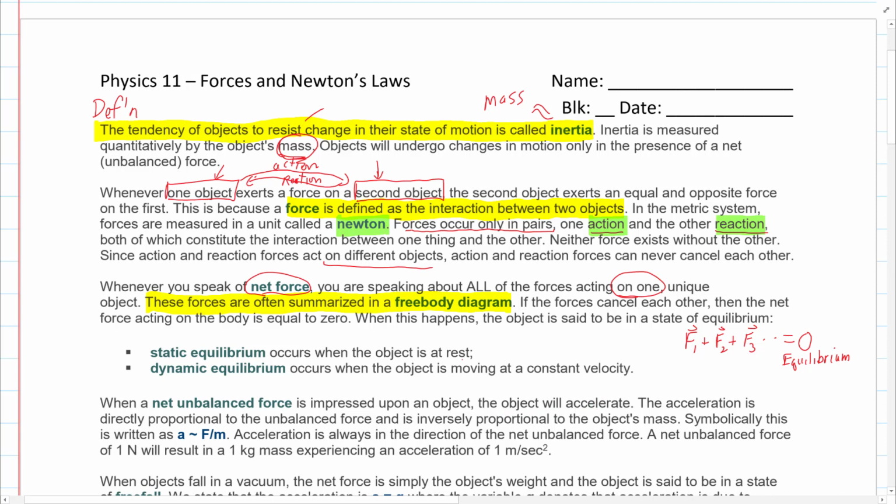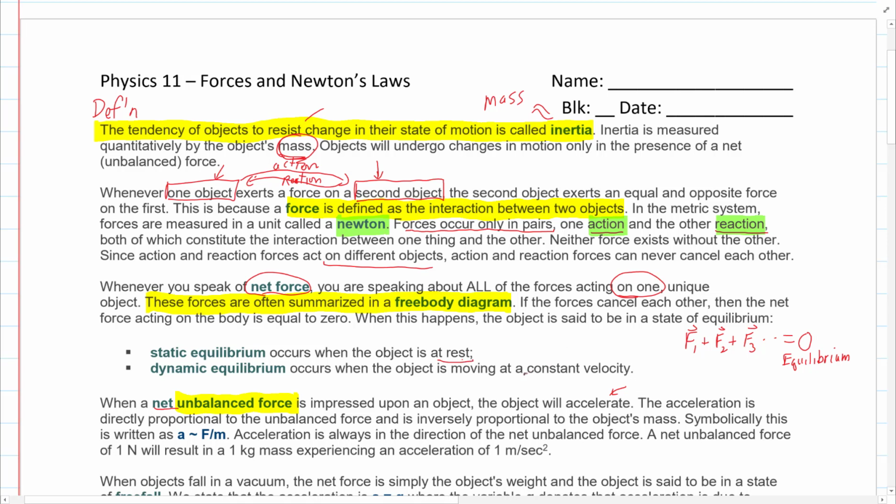All this was when it's 0. What happens when it's unbalanced? When there's a net unbalanced force upon an object, the object will accelerate. So it is not at rest, and it is not at constant velocity, but it will accelerate. Acceleration is not 0.